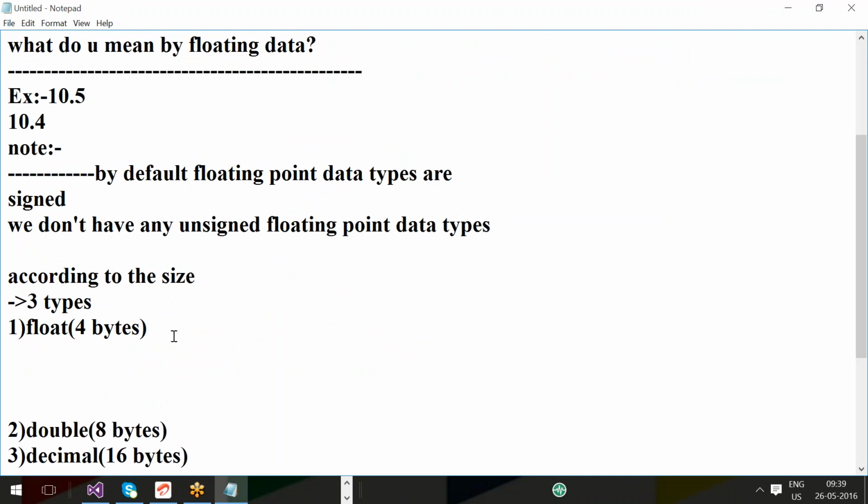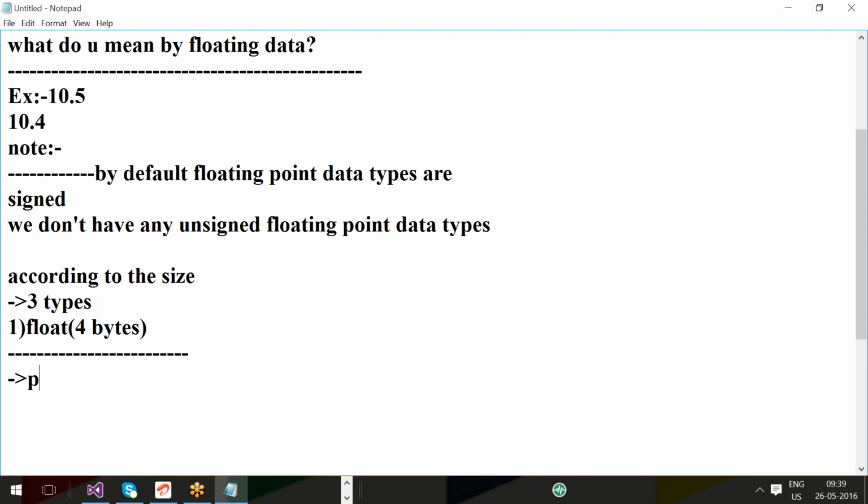We'll discuss one by one, then you can understand. The first category is float. The predefined size of float is 4 bytes. 4 bytes means 4 into 8, that is 32 bits of floating values.